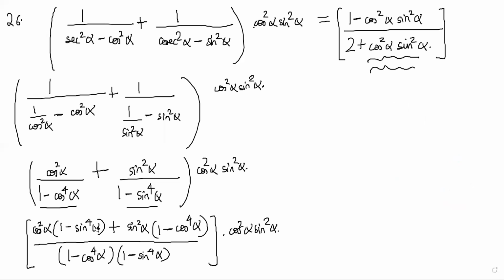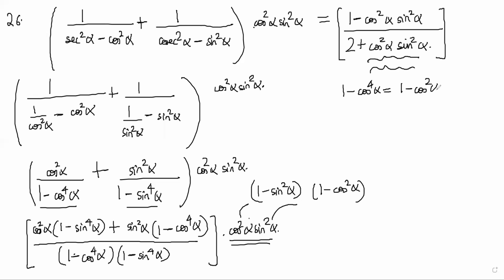Yes, sir, I've understood. So now remember that I have this factor there on top, and in the denominator, I can cancel factors. Can you see how I can cancel factors here? This and this. Why? Because this can be written as 1 minus sin square alpha, right? And this can be written as 1 minus cos square alpha. And this is a square minus b square, where my factors of 1 minus cos power 4 alpha will become 1 minus cos square alpha into 1 plus cos square alpha.